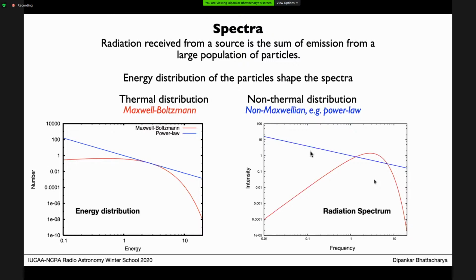So in fact, at the two ends of the electromagnetic spectrum, the very low frequency end, the radio, and the very high frequency end, gamma rays, it is indeed the non-thermal emission from different sources that dominates the sky.